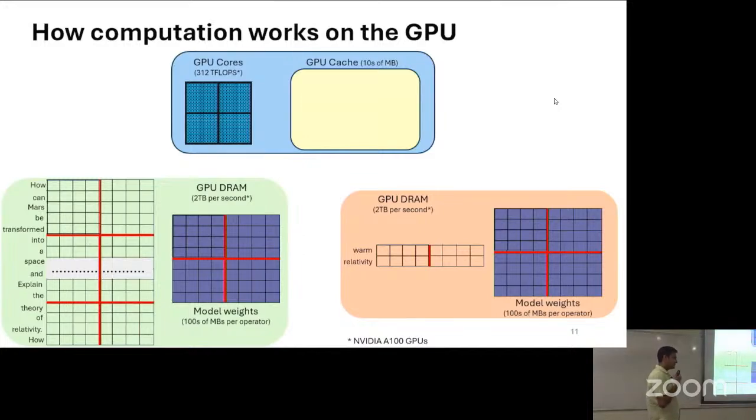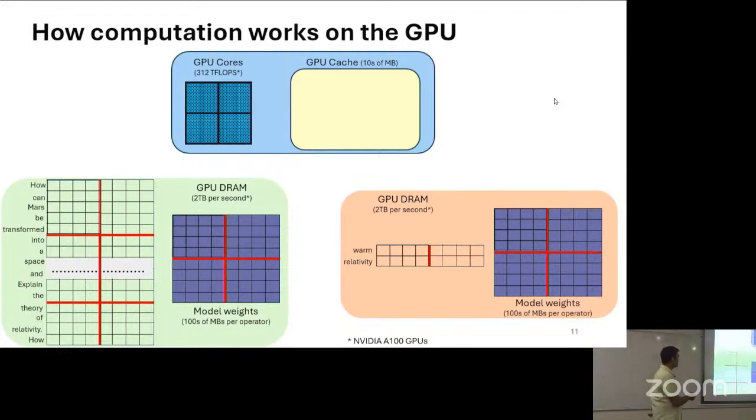Now let's go one level deeper again to see how it actually works on the GPU. How do we do these computations on the GPU? So these are the token embeddings that we have from these given prompts, right? These are model weights. We are going to multiply this matrix with the model weight matrix, right? But we don't multiply the full matrix at a time. We actually do tile-based computation.